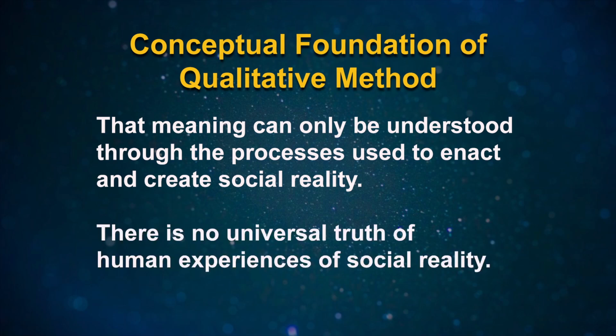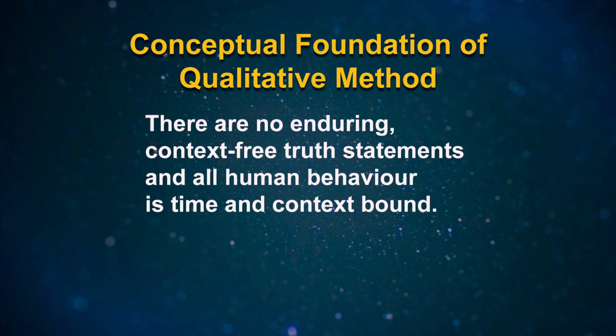There is no universal truth of human experiences of social reality. 5. There are no enduring, context-free truth statements, and all human behavior is time and context bound. Let us look into certain facets of the qualitative research method.